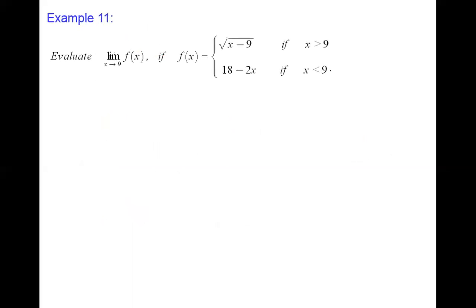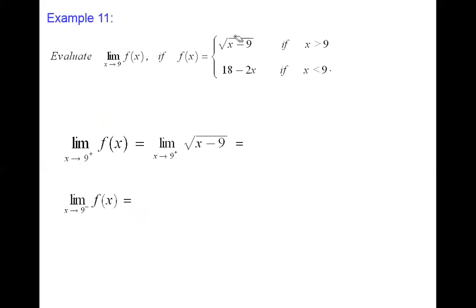Now let's look at this one. We have a piecewise defined function, a different formula for x greater than 9, and a different formula for x less than 9. No value at 9, and we still have to find a limit. This one, we will use one-sided limits: limit from the right-hand side and limit from the left-hand side.